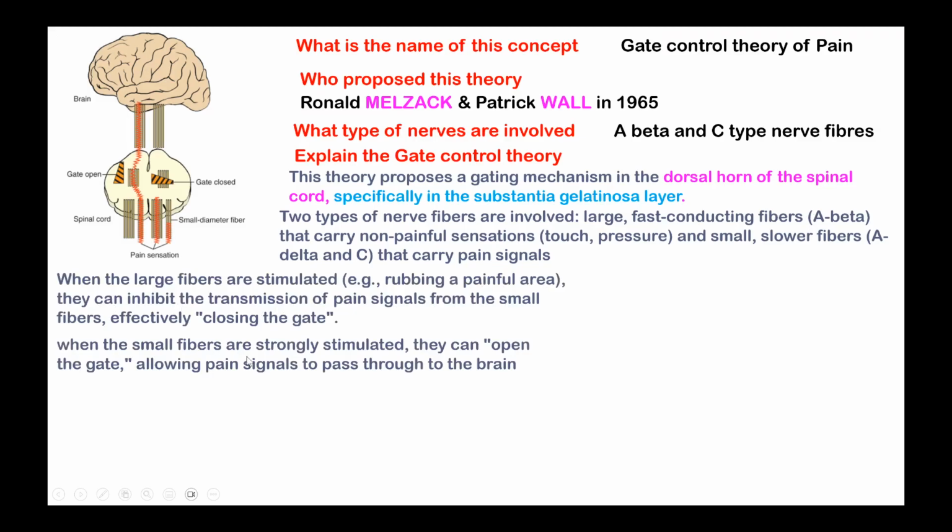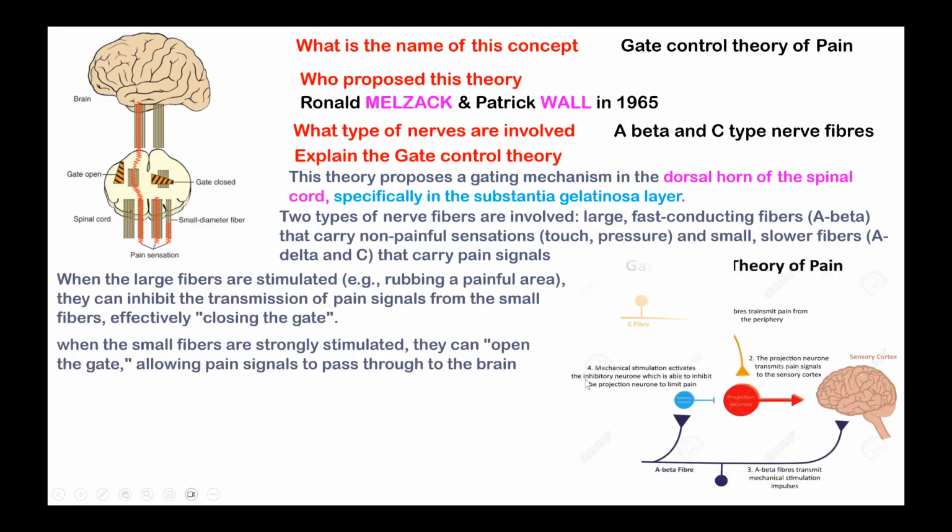And when the small fibers are more strongly stimulated, they open the gate, allowing pain signals to pass through to the brain. So this picture will tell you that ultimately the signal has to go to the sensory cortex to appreciate the pain.